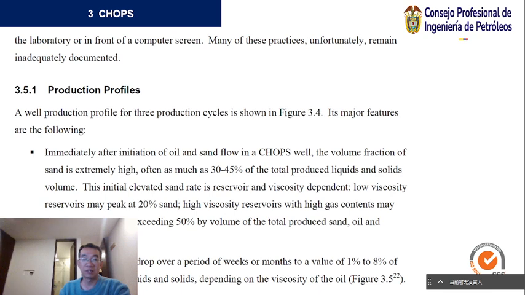Low viscosity reservoirs may peak at 20% sand. High viscosity reservoirs with high gas contents may show peak sand rates exceeding 50% by volume of the total produced sand, oil, and water. The sand rate tends to drop over a period of weeks or months to a value of 1% to 8% of the total volume of liquids and solids, depending on the viscosity of the oil.